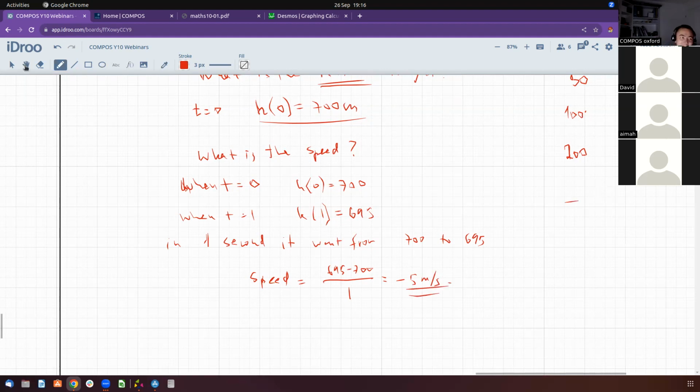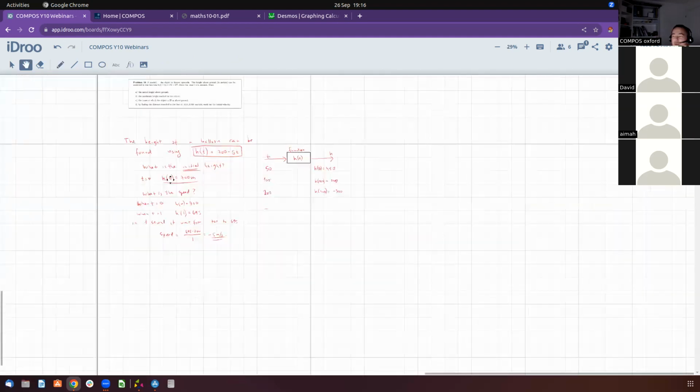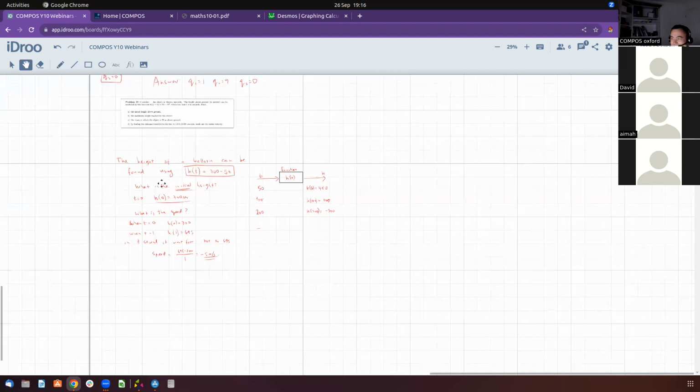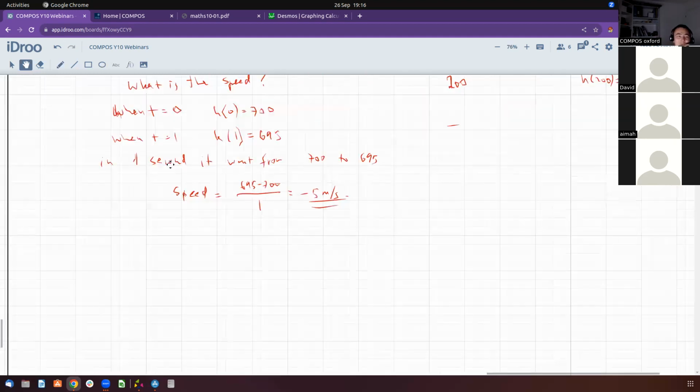I think I've given you too many hints on this one. Velocities, well, that's a good point. That would be velocity.